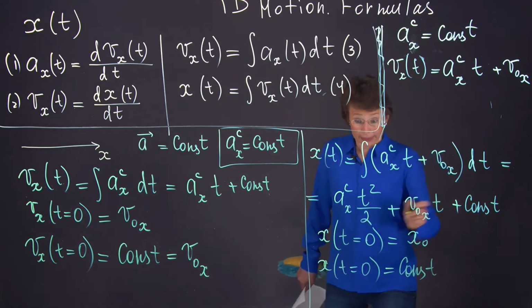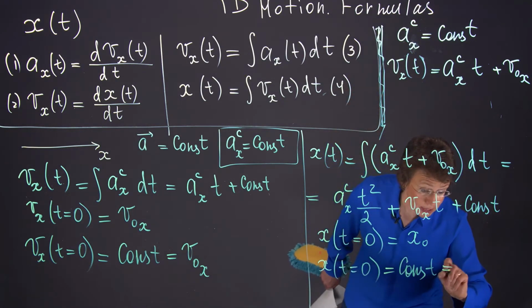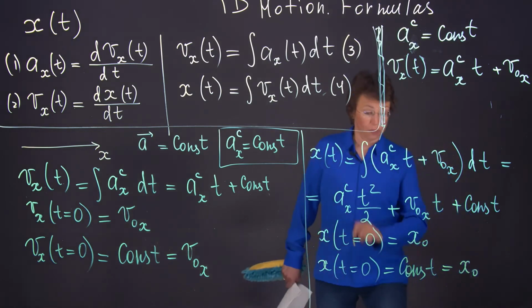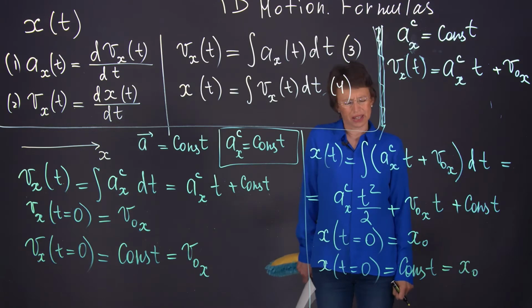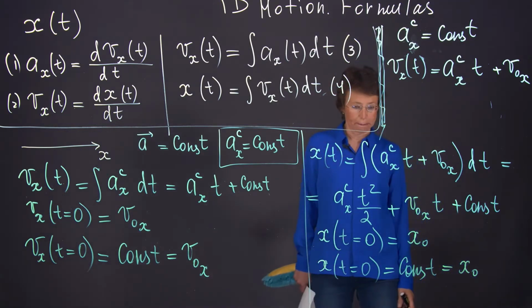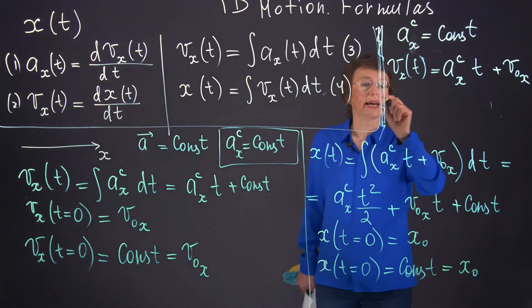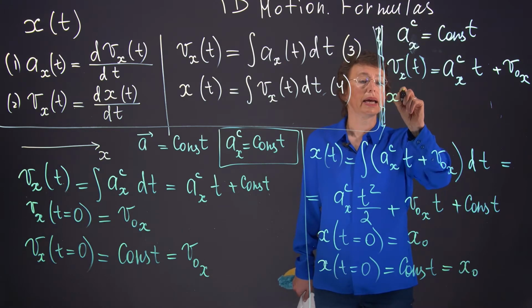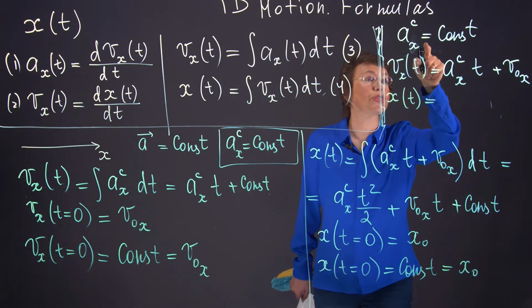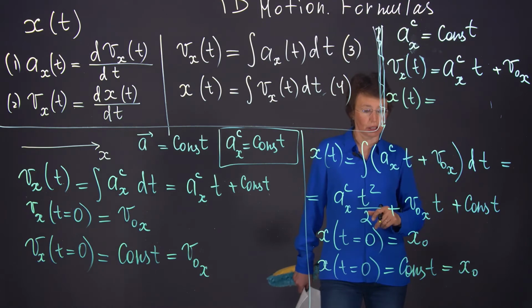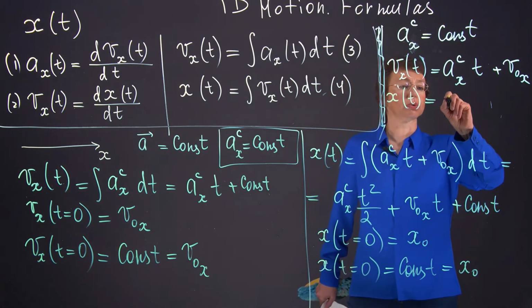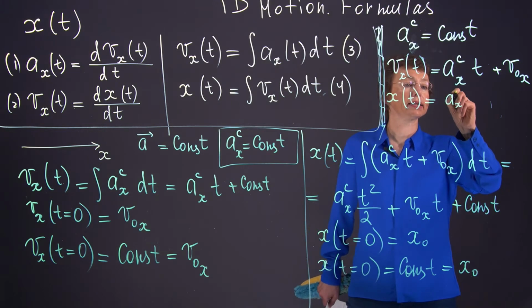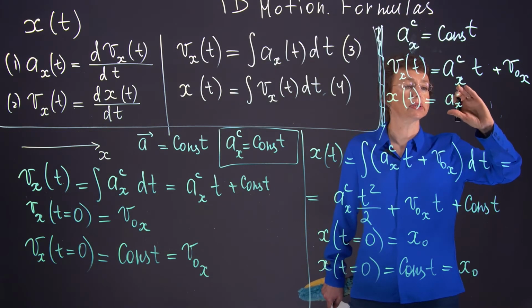Okay? And at the same time, they told us that at time moment 0, x was x naught. Now we are ready to write x at any time moment for this specific case of constant acceleration. What is it? It is a t squared over 2, ax projection of this constant acceleration.